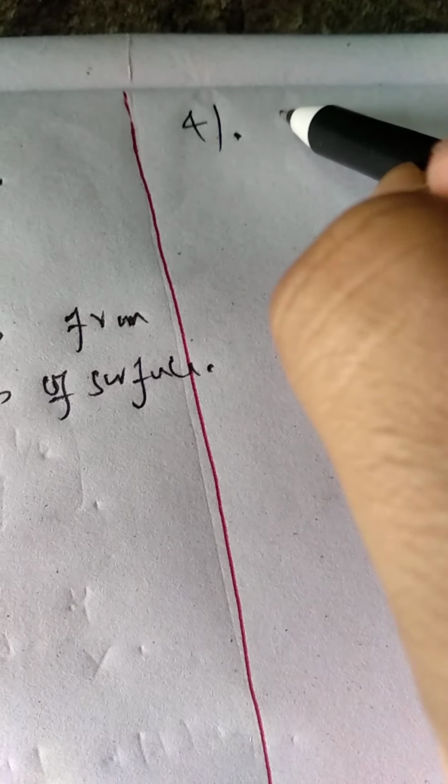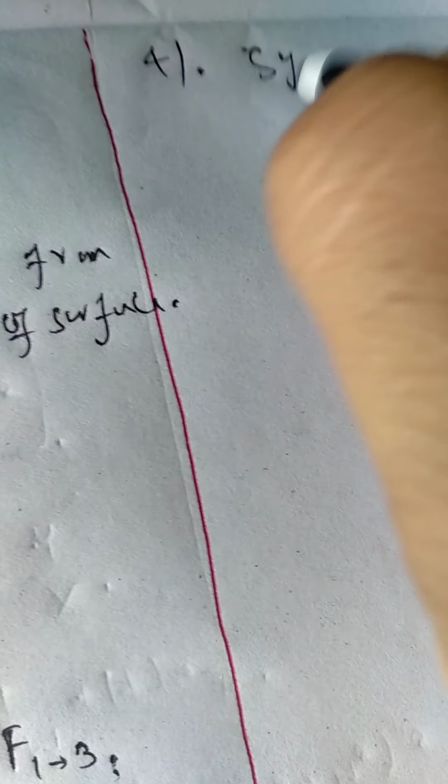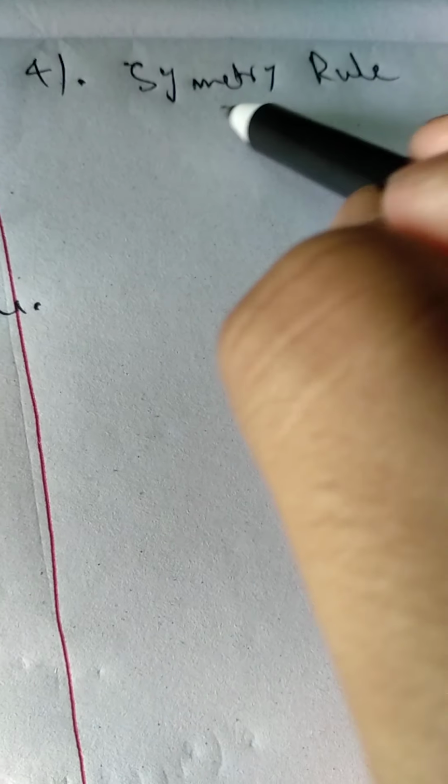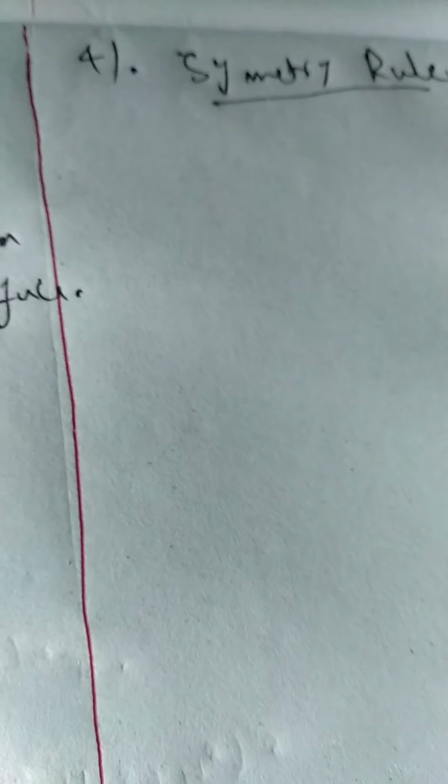Now we come to the last rule, that is the symmetry law or symmetry rule. The determination of the view factors can be further simplified if the geometry possesses some sort of symmetry.